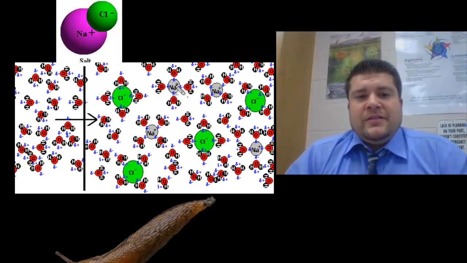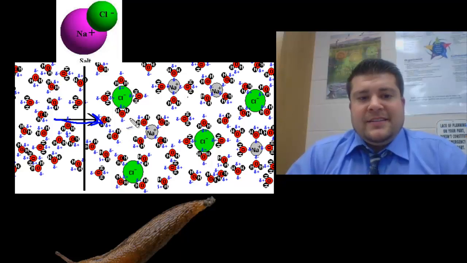And so the sodium ions will attract the negative ends of the oxygen, and the chlorine ions, because they carry a negative charge, will attract the hydrogen ends of the water. And so all of this water will start to move in this direction. And it does this because the water starts to become attracted to the chlorine and the sodium ions.